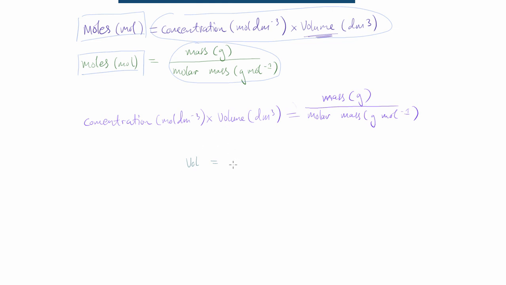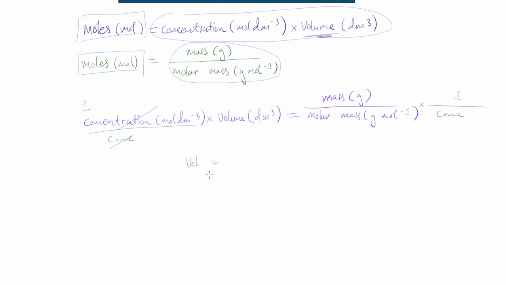So volume is equal to, just to visualize that, dividing that by the concentration, which obviously would give us 1 on this side, and effectively multiplying this by 1 over concentration.